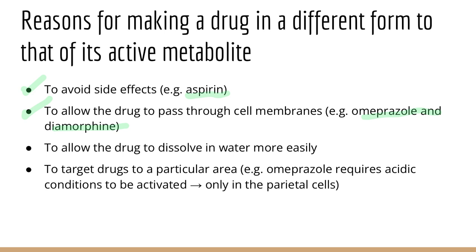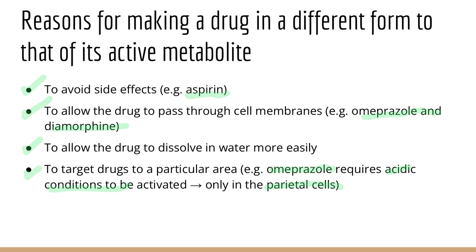Other reasons for having a different form before the active metabolite are to allow the drug to dissolve in water more easily, as well as to target drugs to a particular area. The proton pump inhibitors require acidic conditions to be activated, and that's only going to happen in the parietal cell. So everywhere else in the body, there's essentially no effect.